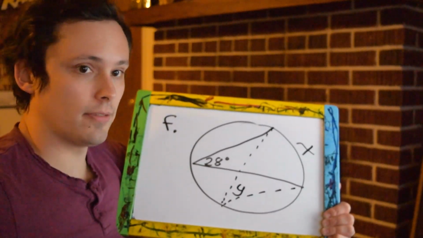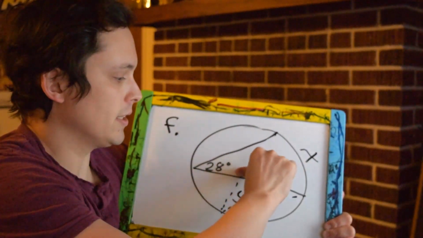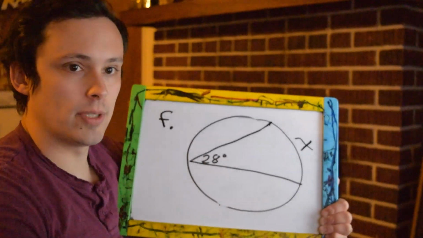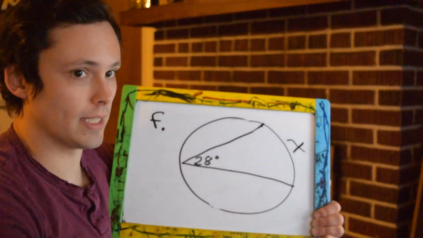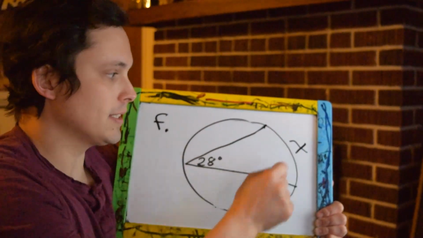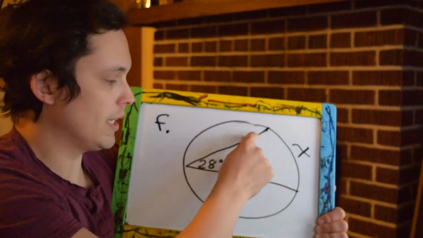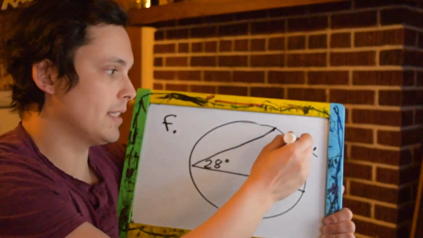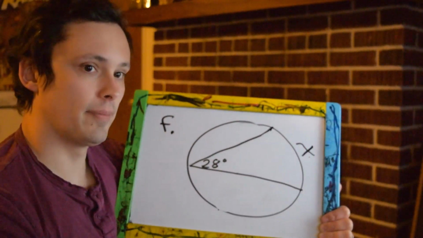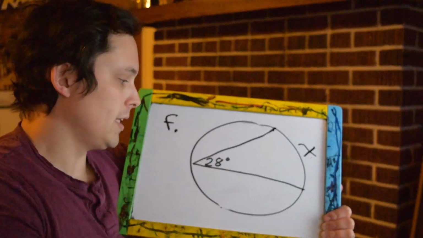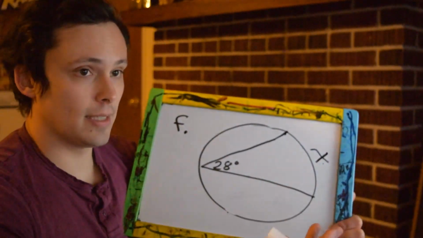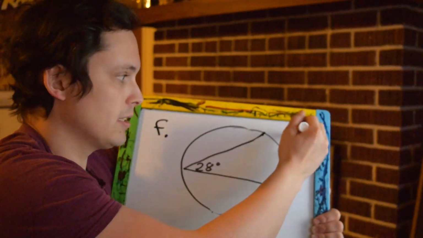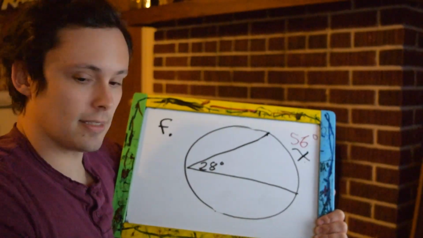What I want you to notice first is, what if we ignored the dashed line stuff? If that wasn't part of the picture, and we just had this question, I'm hoping this one's really easy. We have this arc measure is x, and it's connected to a 28 degree inscribed angle. And remember that that means that x will be double 28. So 20 times 2 is 40, 8 times 2 is 16, so 40 and 16 is 56. So x is going to be 56 degrees.